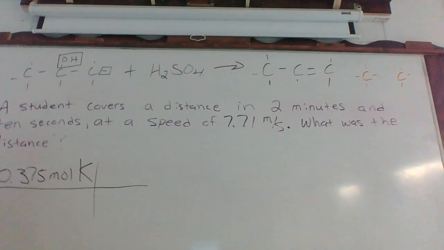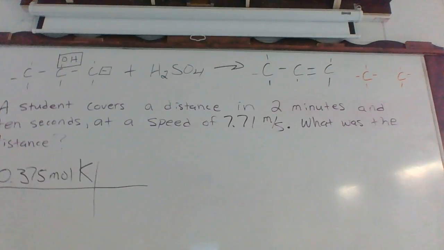Okay, so now as we look at this, we want to cancel out that mole in the second step. Now, what happens with this, you're not always going to be using a molar mass as grams over moles every time.